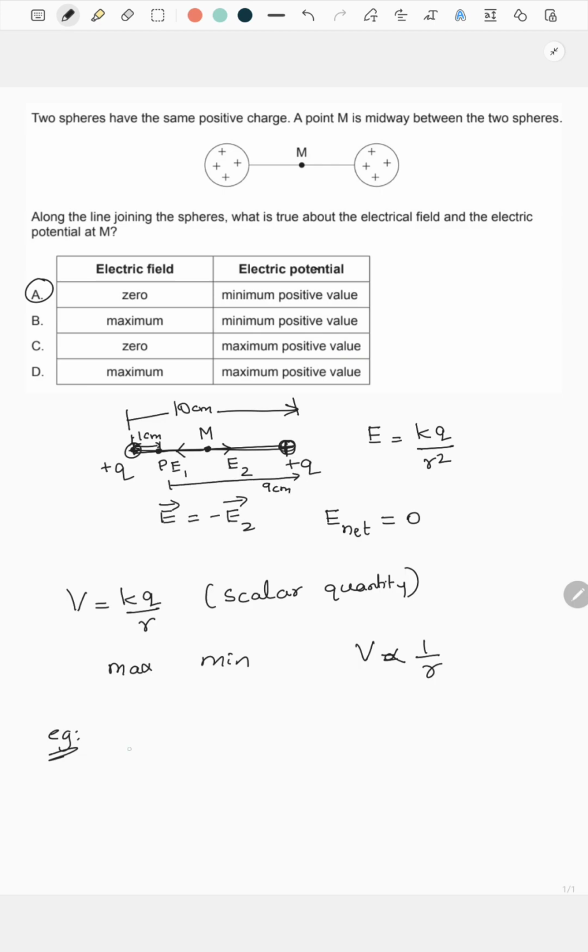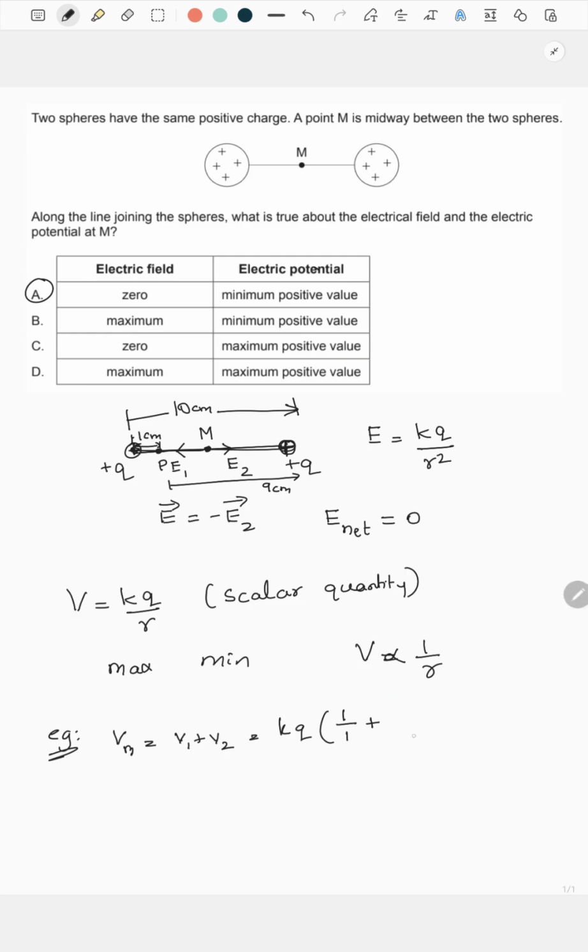So let me find the total potential at P, which is V1 plus V2. K and the charge are the same, so KQ times 1 by 1 plus 1 by 9. I have to take SI units, but it's fine, I'm just taking it as an example to show the values.